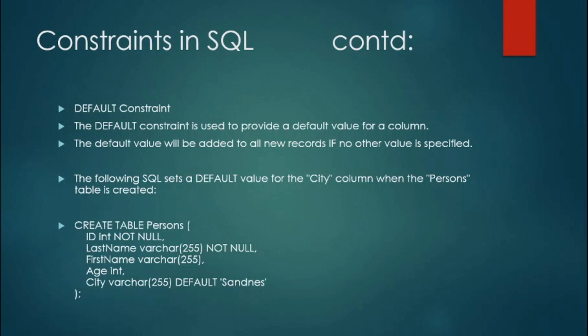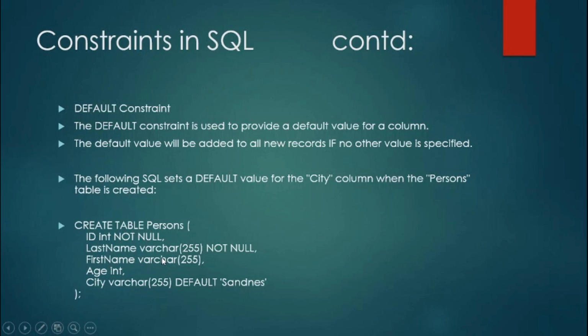Now again it is a default constraint. So what it does is that it will help you to provide a default value for any column. If there is no value, it will provide a default value. You can see here that if the user does not provide any value, it will throw an error. So the user will have to provide value here for ID because it is not null, and for last name as it is not null you have to provide it.